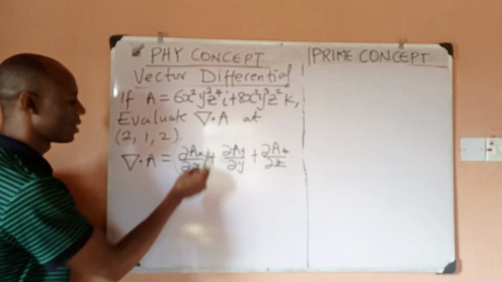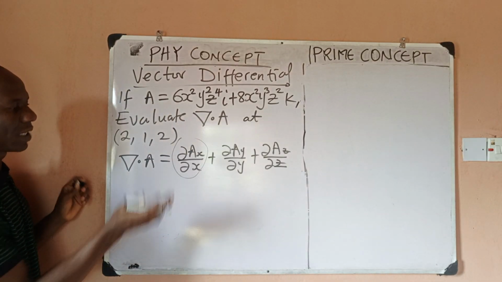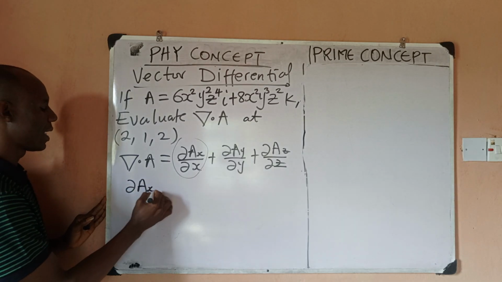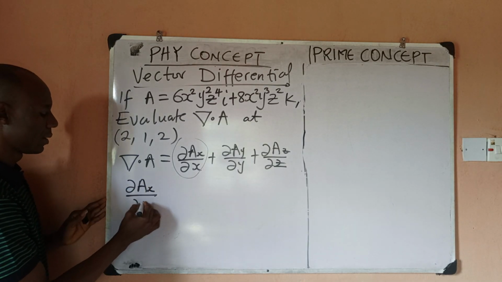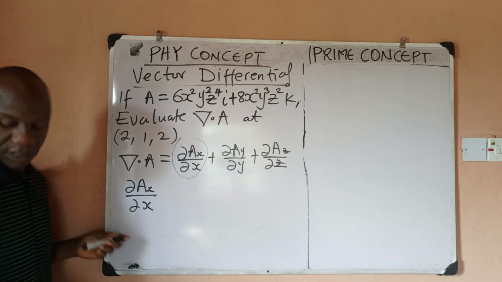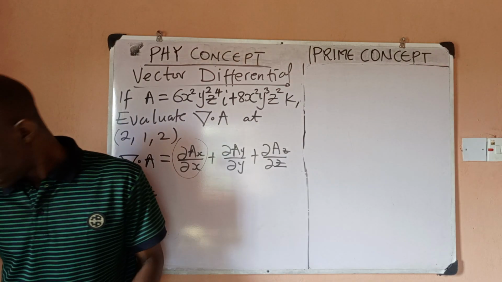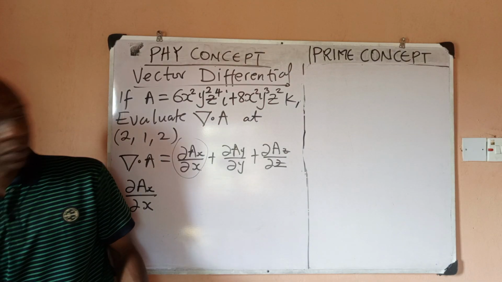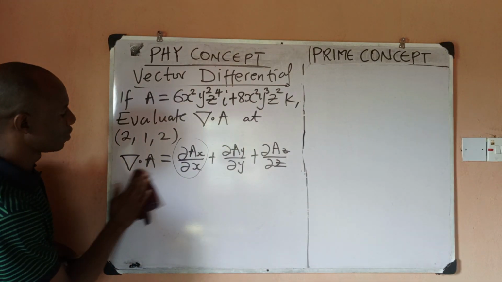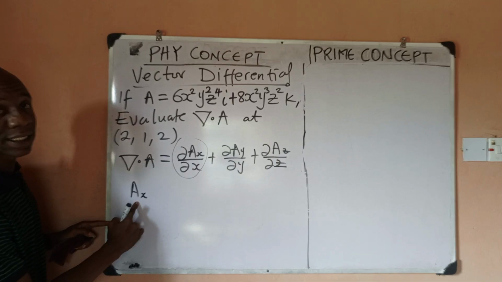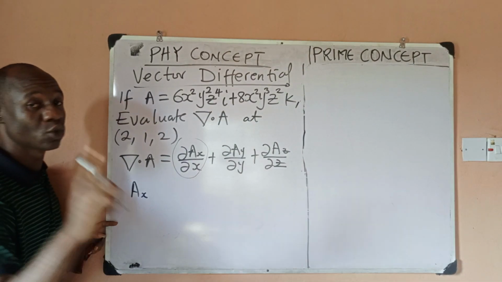So I'm going to start with this part. I'm going to bring it out and solve. Then at the end of the day, I'll add it up. So I have the partial of Ax with respect to x. But before I solve that, I want to let you know that A subscript x is the part that is connected to i.